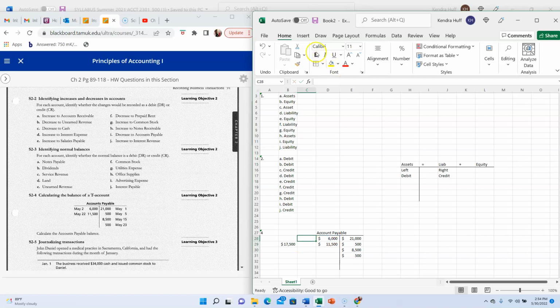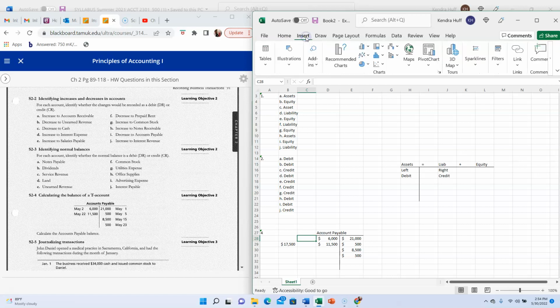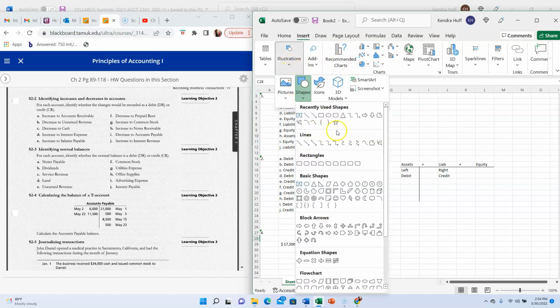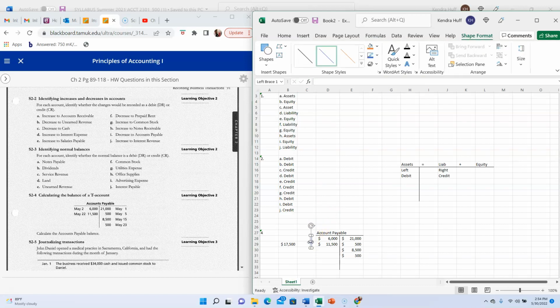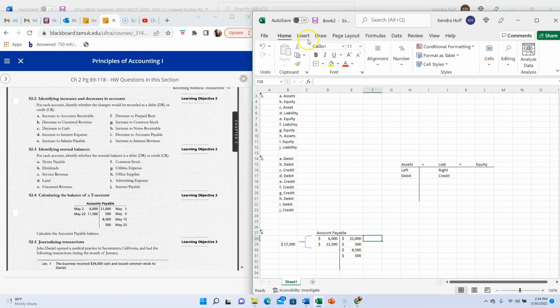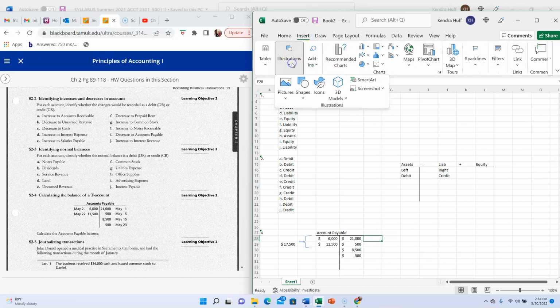All right, so that is these two. All right, and then you're going to add these two together.